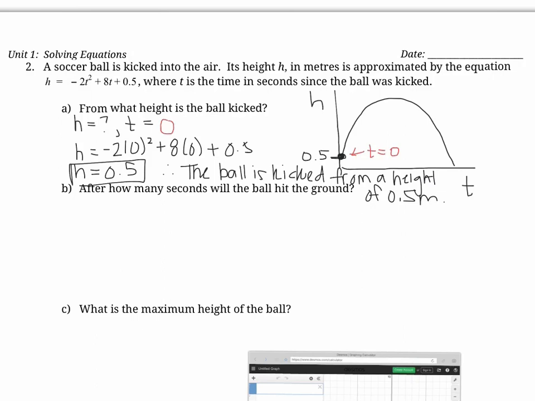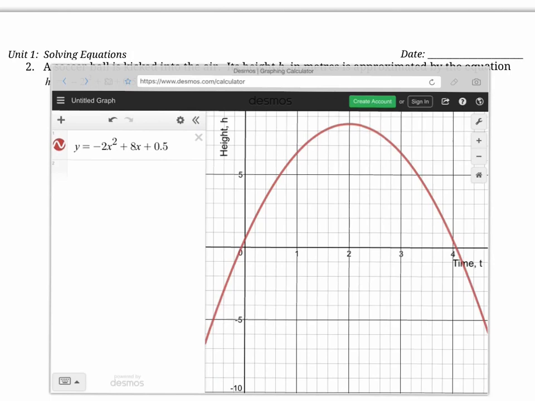If we want to, we can check our answer in Desmos. So here's the parabola that we were given, graphed in Desmos. So we're just going to check our answers here. So notice Desmos doesn't like when we use h and t, so I just switched them to x and y. And here's the graph of the soccer ball that's been kicked. Okay, and we were looking for this point right here.